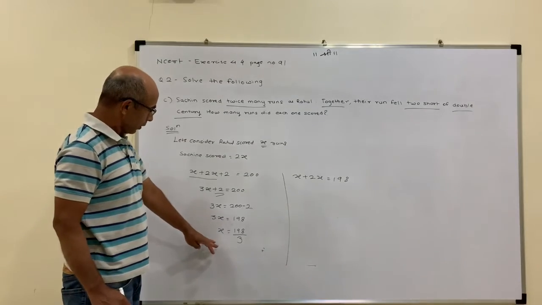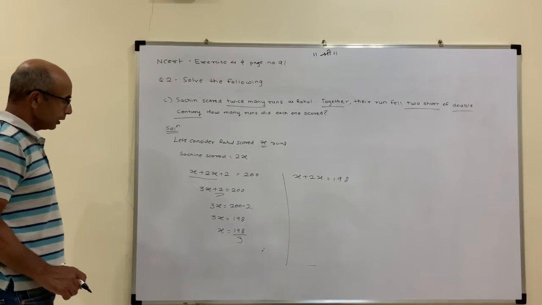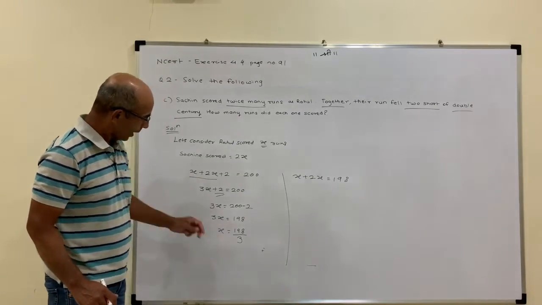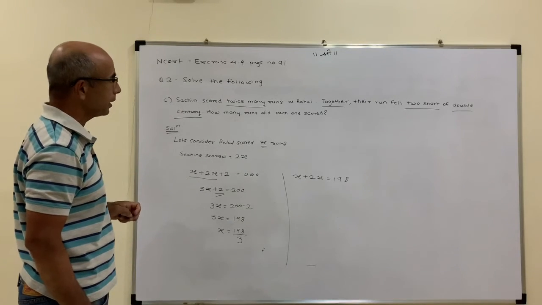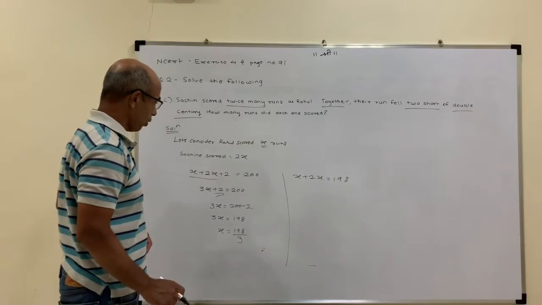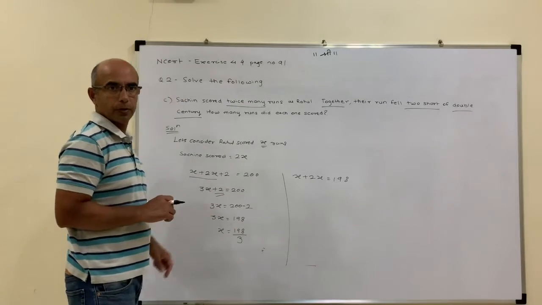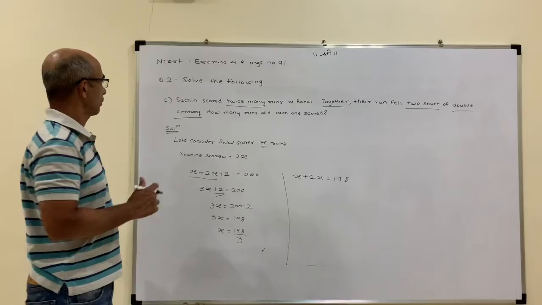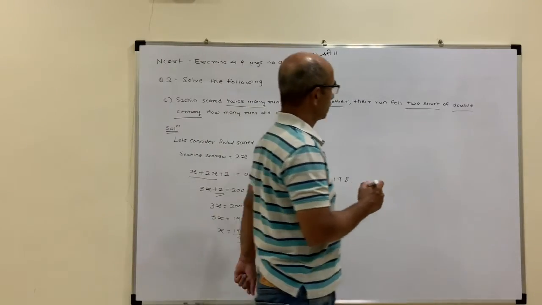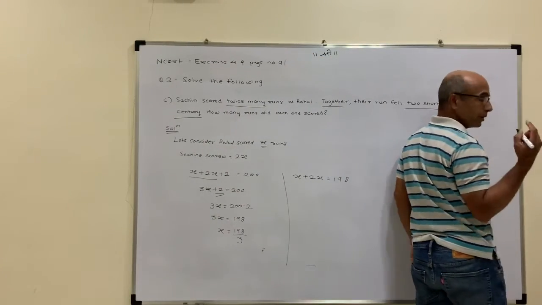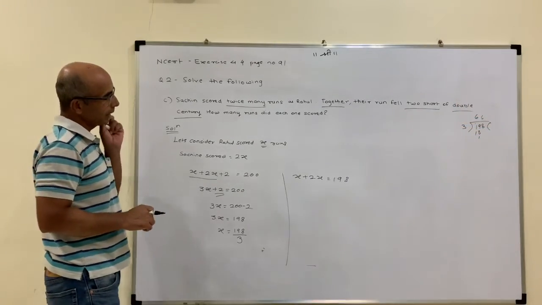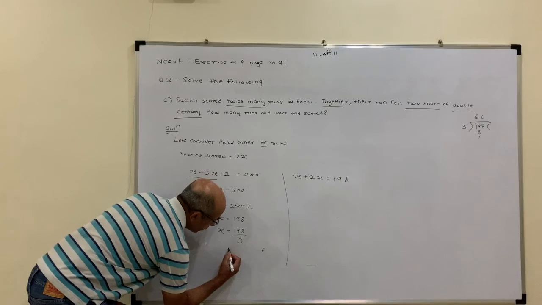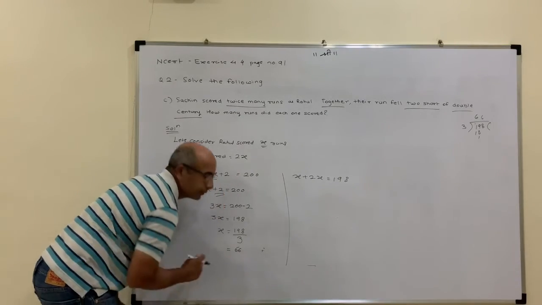So the total number of runs here, the 198 divided by 3. So now let's find out 198 divided by 3. How much does it come out to be? So 198 divided by 3 comes out to be 66.